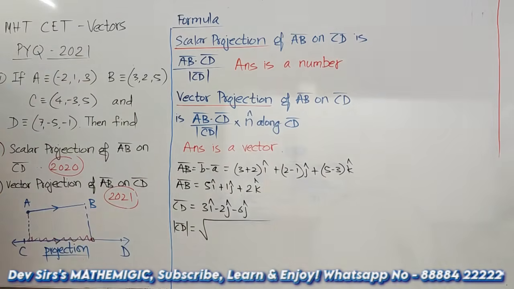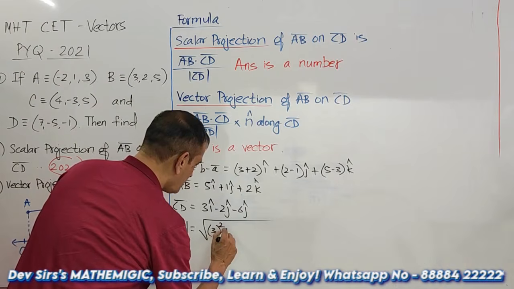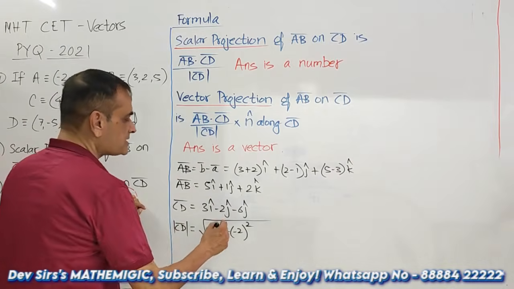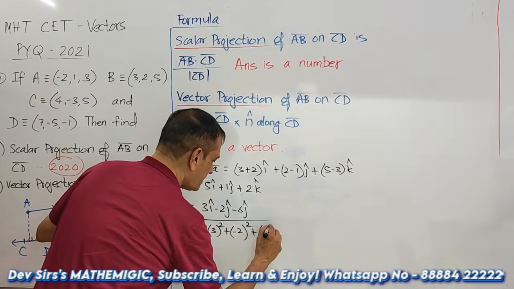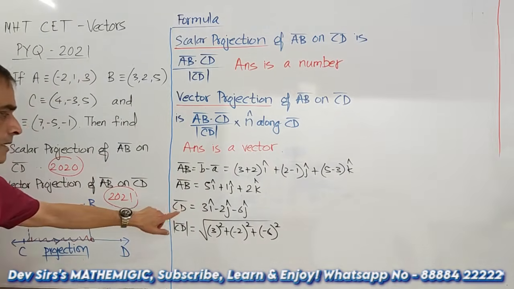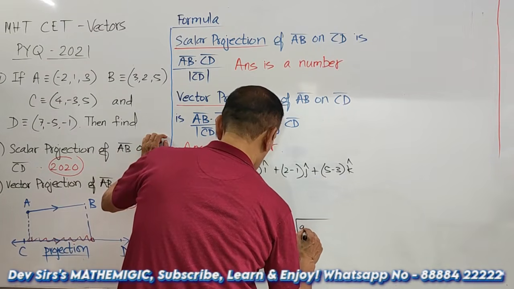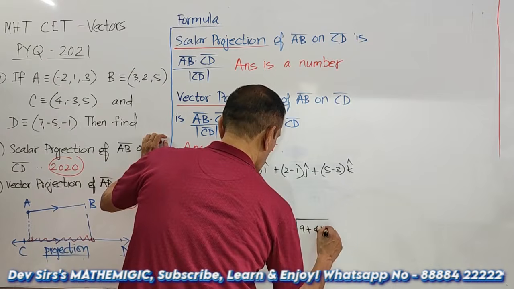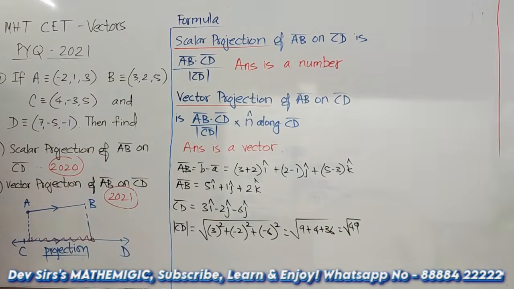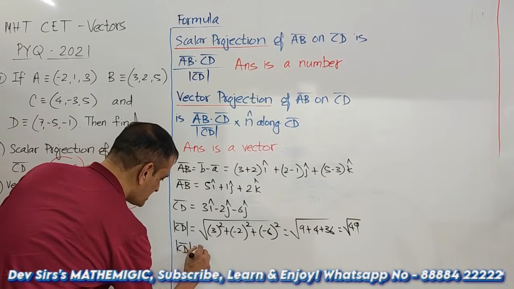You know how to find the magnitude? 3 squared. सिर्फ नंबर्स का स्क्वायर करना है. थ्री स्क्वायर्ड इज 9 प्लस 4, root 49. Square root of 49 is 7. Magnitude is always positive.